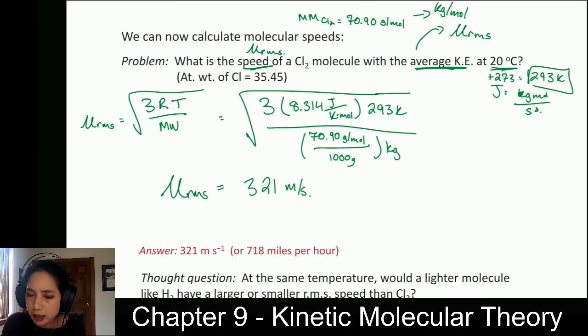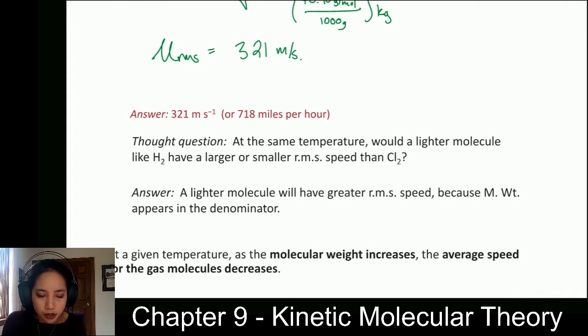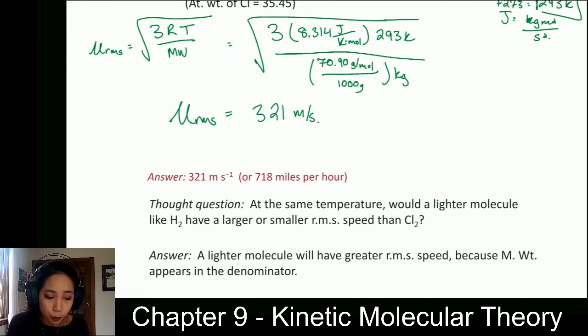Let's think of a more conceptual question here. We just calculated the root mean square velocity of a chlorine sample at 20 degrees Celsius. But how would the root mean squared velocity change if we had a lighter molecule in the same sample conditions, like hydrogen gas? How would that be different if it was at the same temperature and we were calculating the root mean squared velocity?